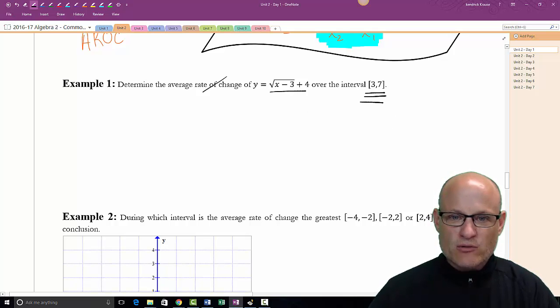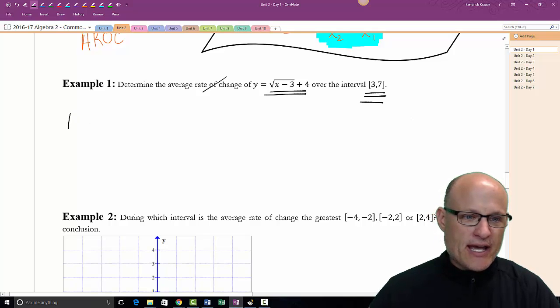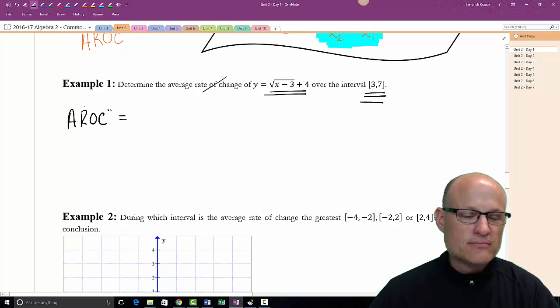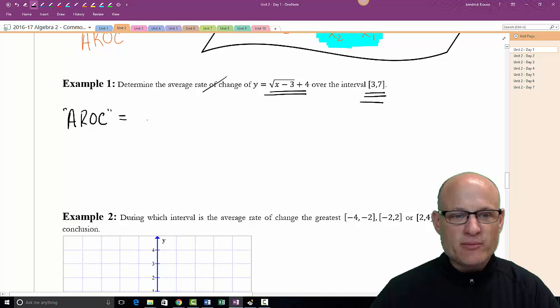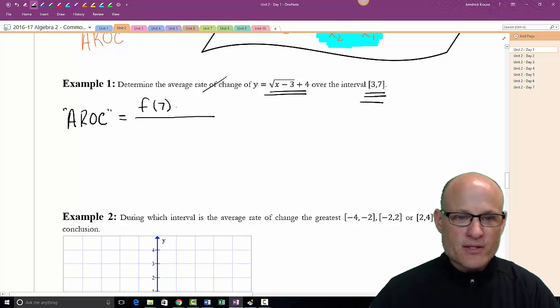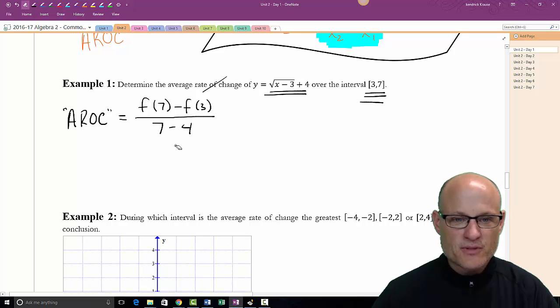We've got a square root function, and we're going to find the average rate of change. So the average rate of change, the AROC, is going to be equal to f of 7 minus f of 3 all over 7 minus 3. 7 minus 3, by the way, is 4.